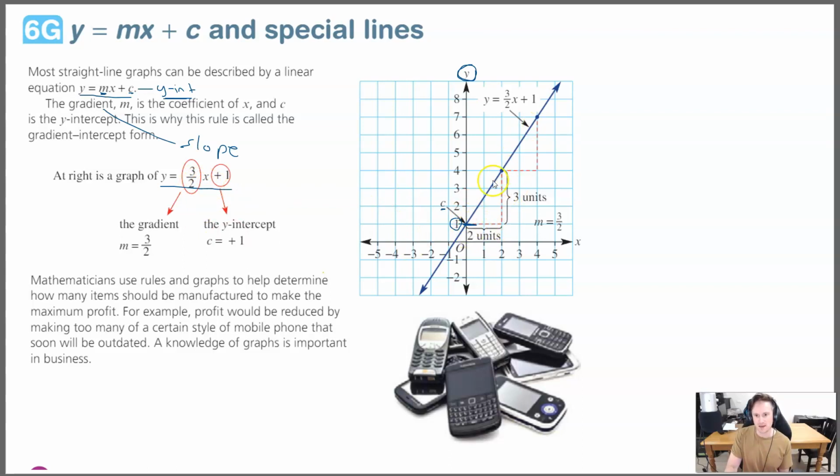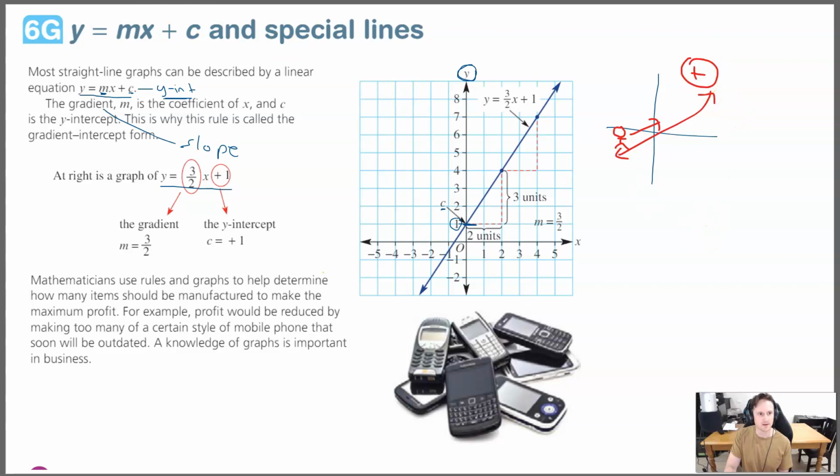That's where, when you're looking at this line, it's essentially how steep it is. Now, if you've got a grid and you've got a line going up from left to right, imagine a person walking in this direction. If it's uphill, that means the slope or the gradient is going to be positive.